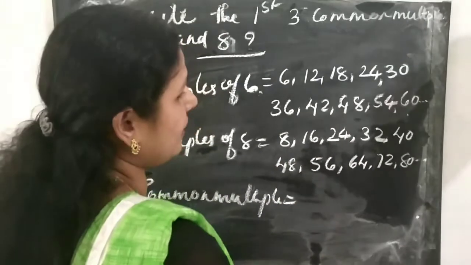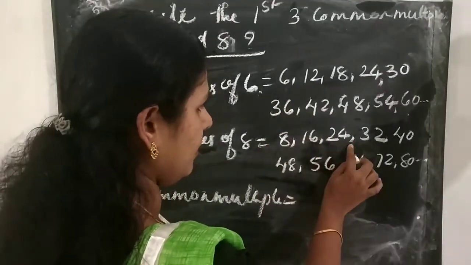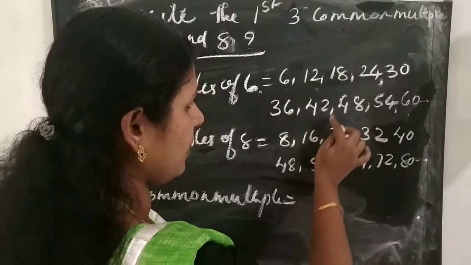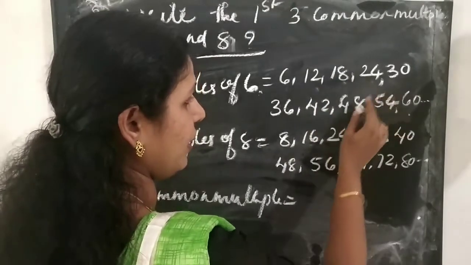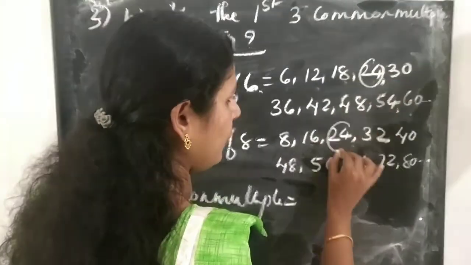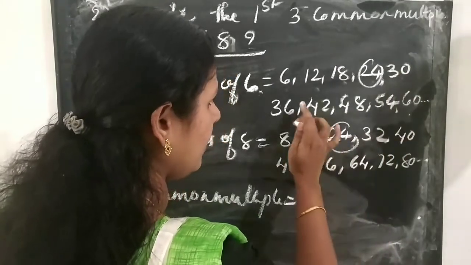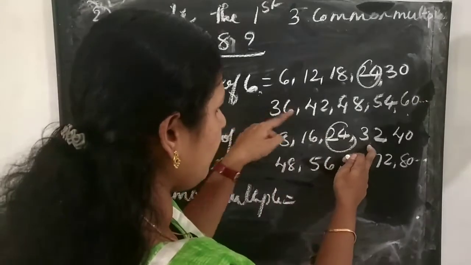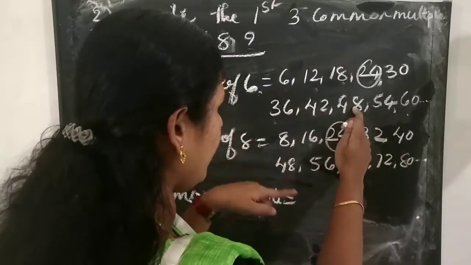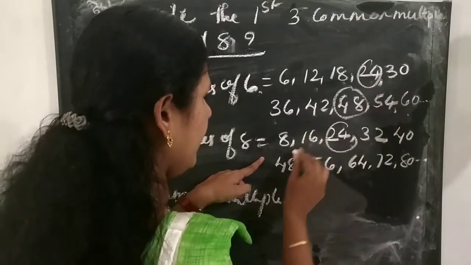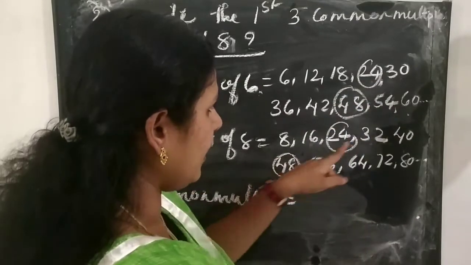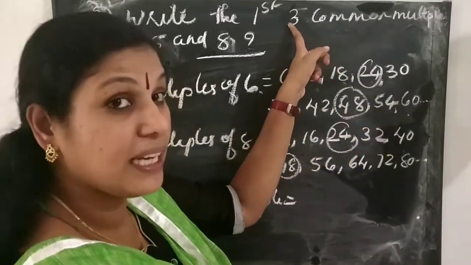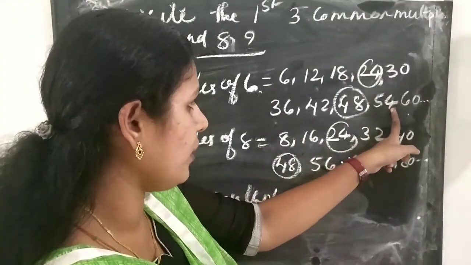Here 6 is not here. 12 is not here. 18 is not here. 24 is here, 24. Then 30 is not here. 36 is not here. 42 is not here. 48 is here, 48, 48. How many do we need? 3 numbers. 54 is not here.